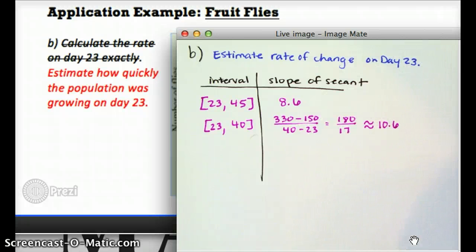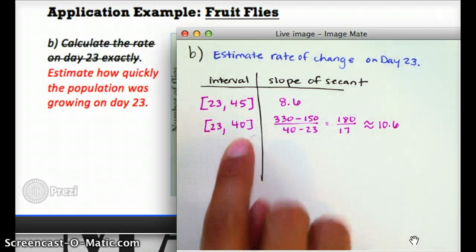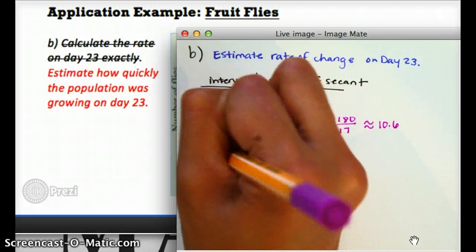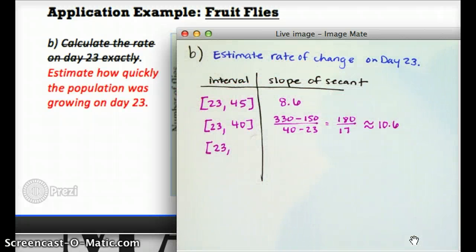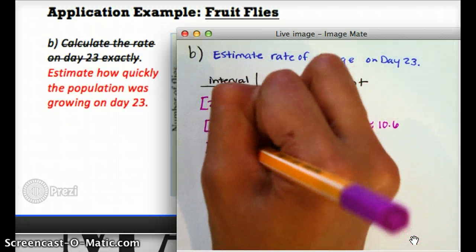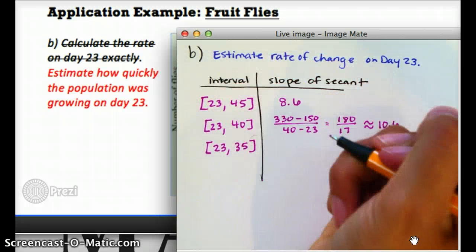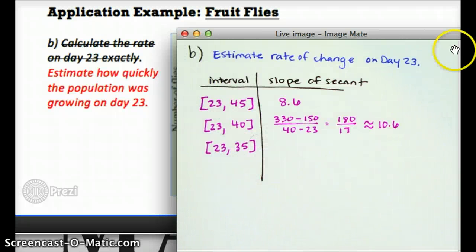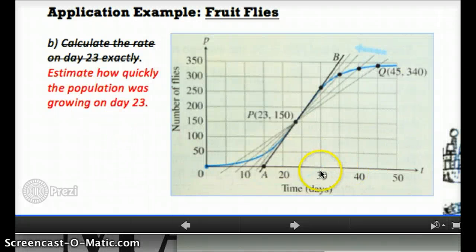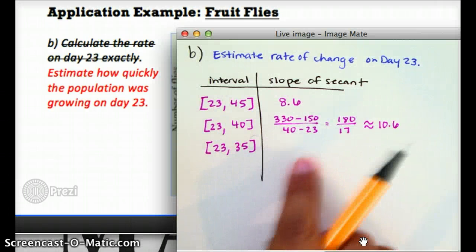Now, the next step is to do this again, and we want to pick another interval that's even closer to that original point that we're really interested in. So for example, we could go from 23 to 35. And to calculate the slope, we would go back, look at the graph, here's 35 on the x-axis, go up, estimate the y value, maybe it's 310, and then we would use the slope formula again.